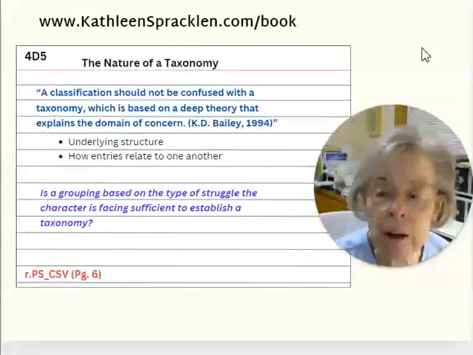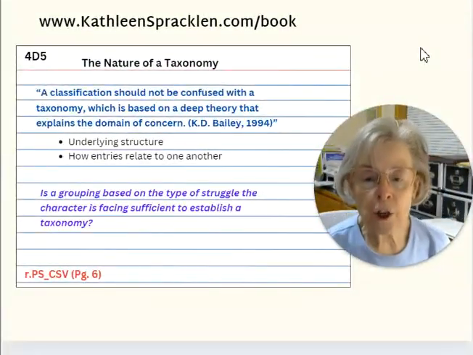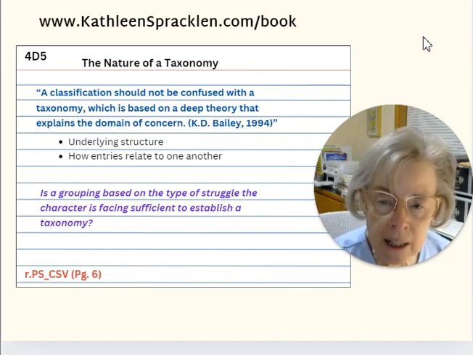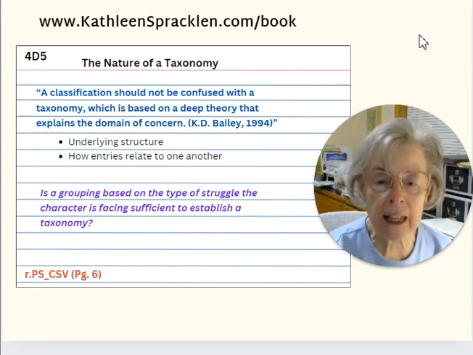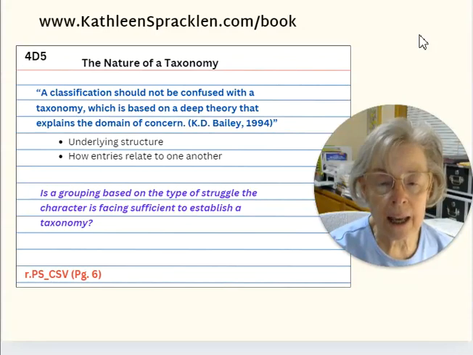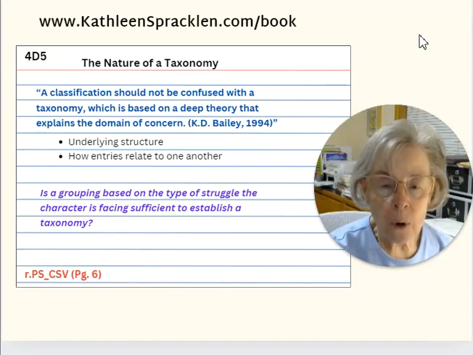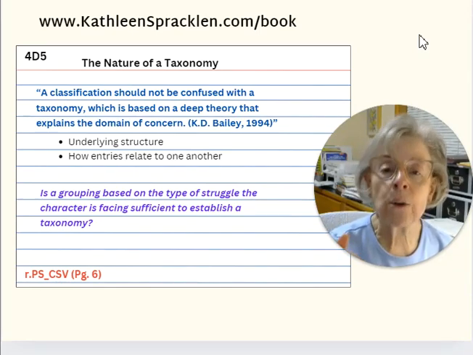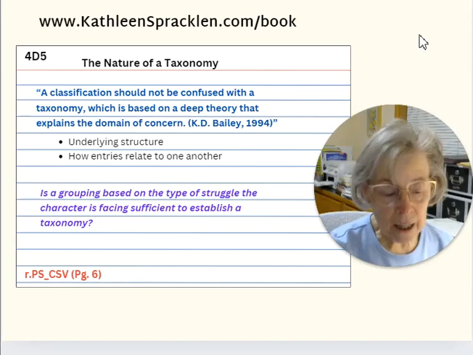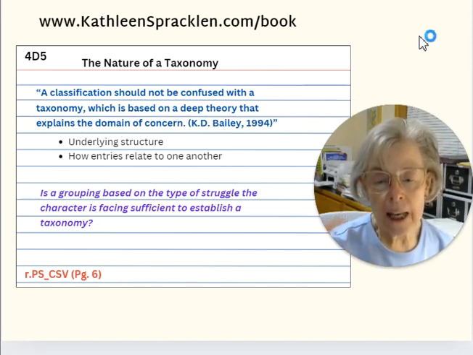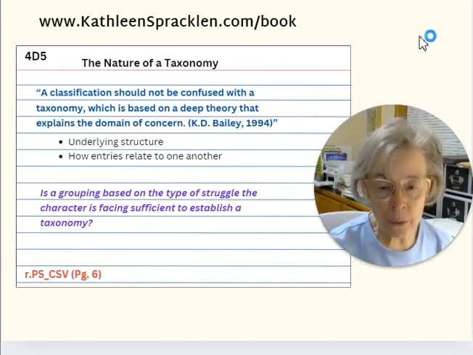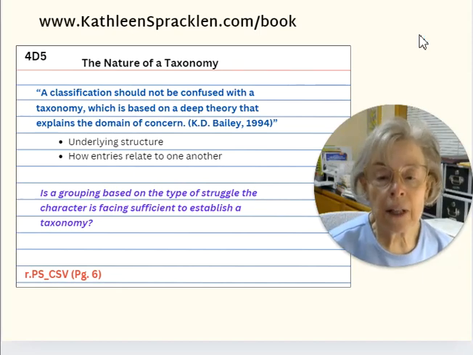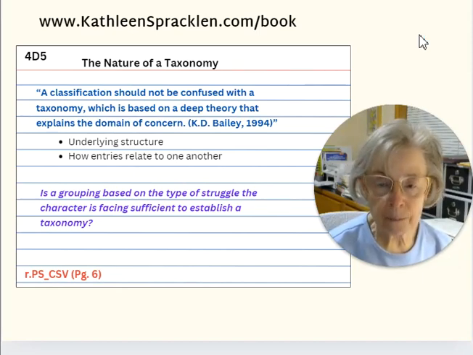We noticed yesterday we went through the effort of determining that we would want to take this card that brings up the nature of a taxonomy, and give it card number 4D5, because 1 through 4 were already taken with the 4 character trait groups: resilience, balance, insight, and empathy were 1, 2, 3, and 4, and that meant our next available number was 5.